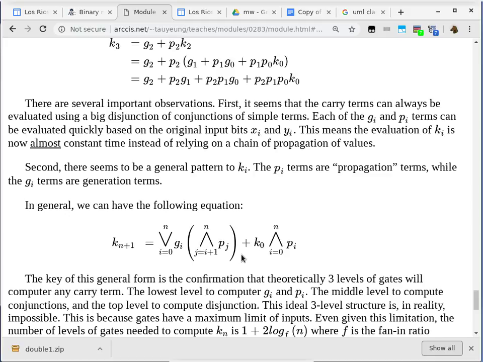So the total number of gates doesn't really change. It really just changes the number of inputs of the gates. It doesn't change the number of levels of gates. If the propagation delay relies only on the level of gates, then it doesn't change. If it takes 3 nanoseconds to compute K3, it will take 3 nanoseconds to compute K6.